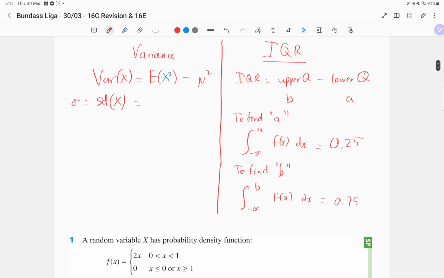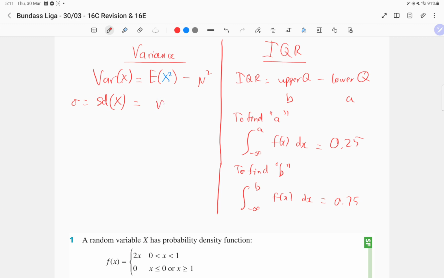How do we calculate standard deviation? It's related to variance. It has something to do directly with variance. You have to calculate variance first, and then you do something to it to find the standard deviation. What do we do with it?